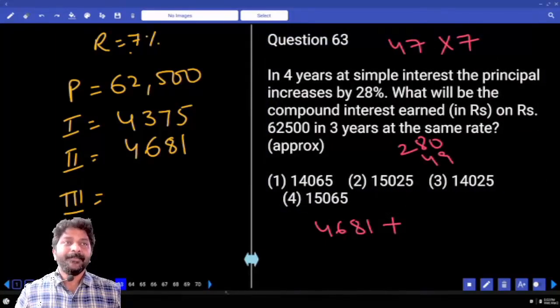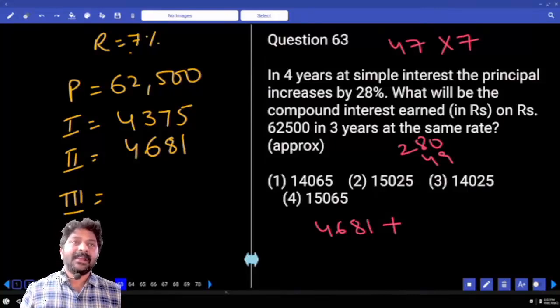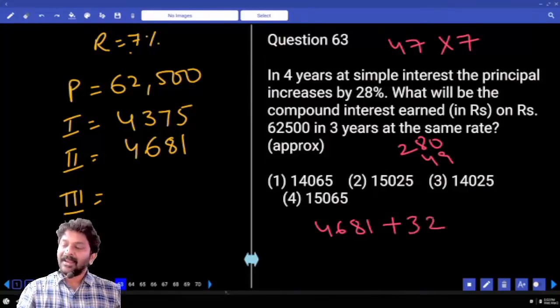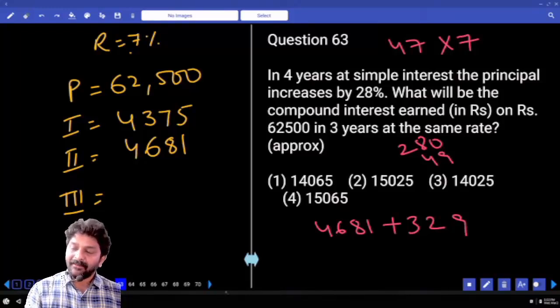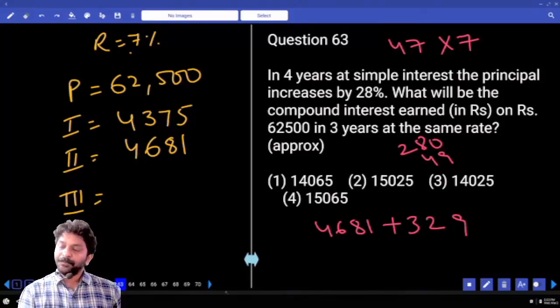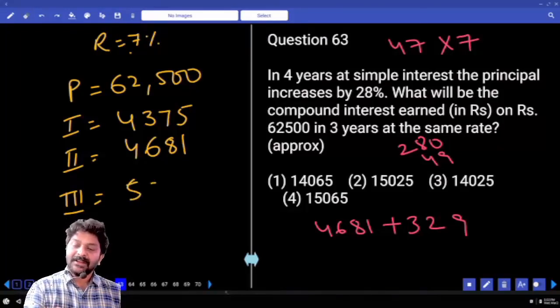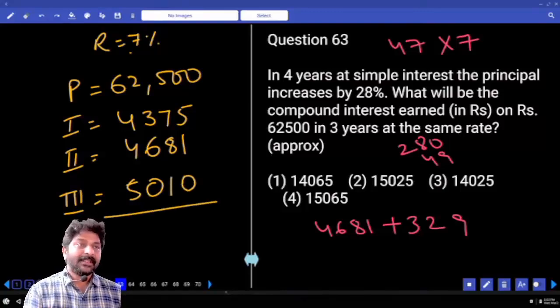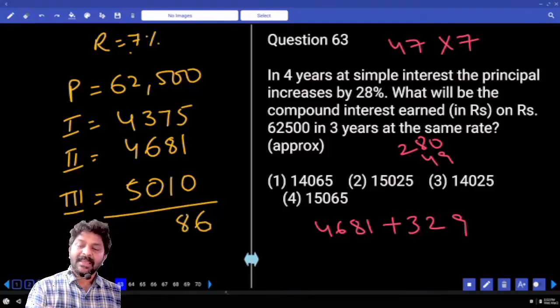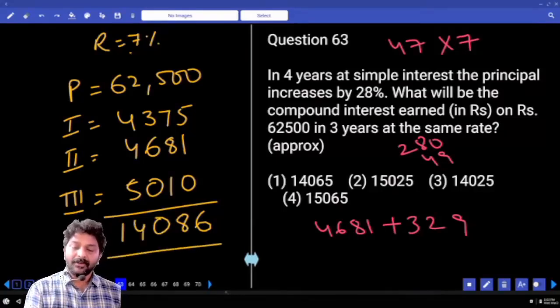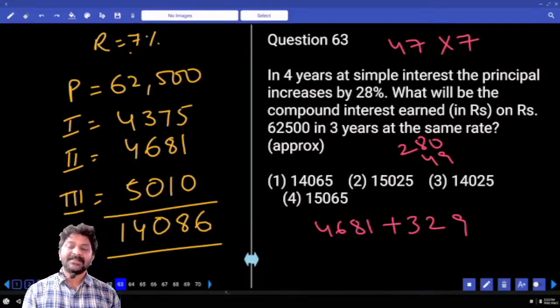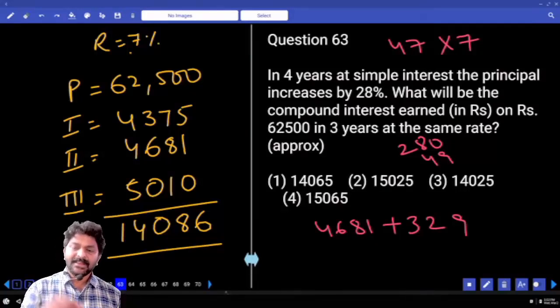Both together, 329. If you add everything, that comes to 5,010. Right? 6, 8, 0, 14. 14,086.